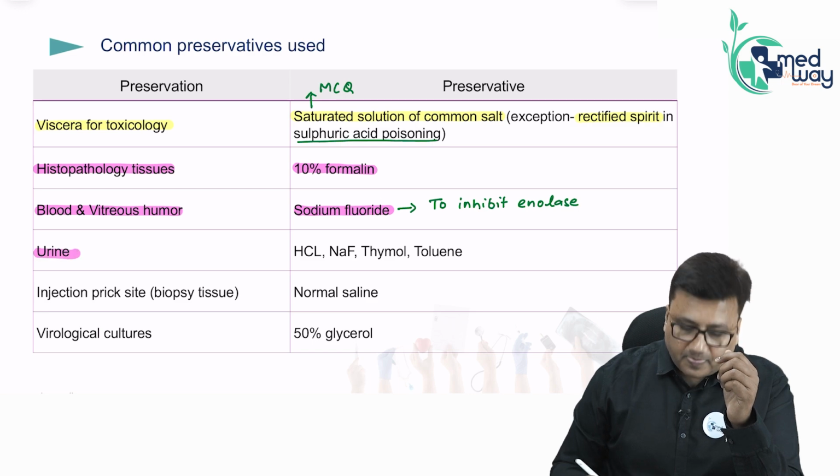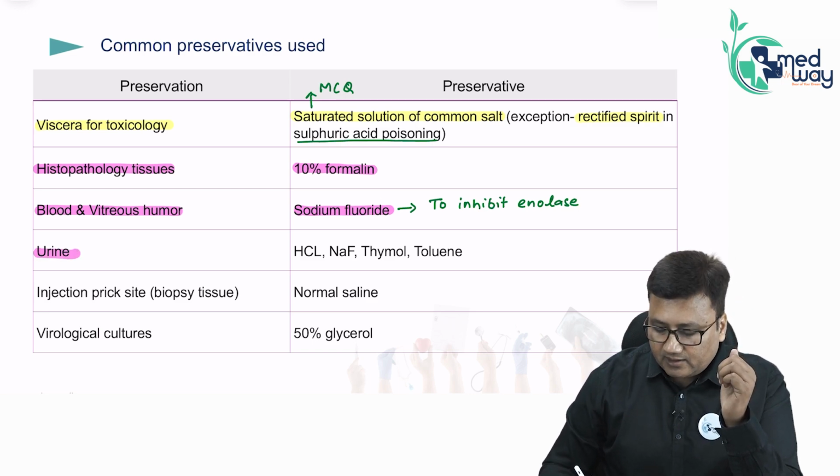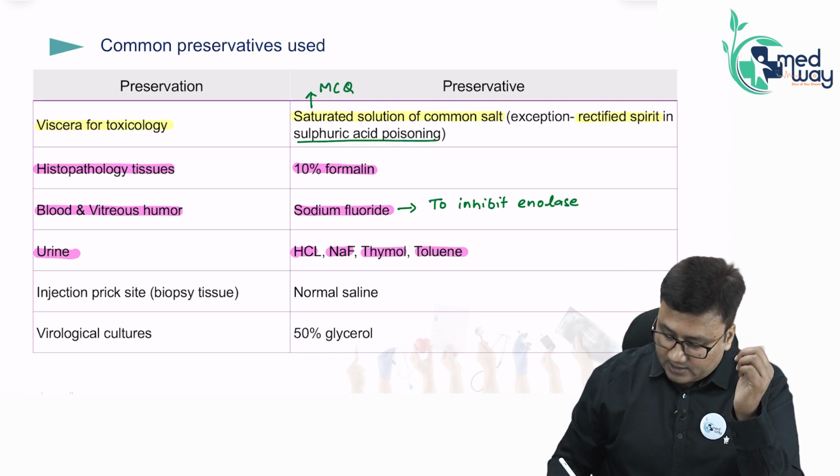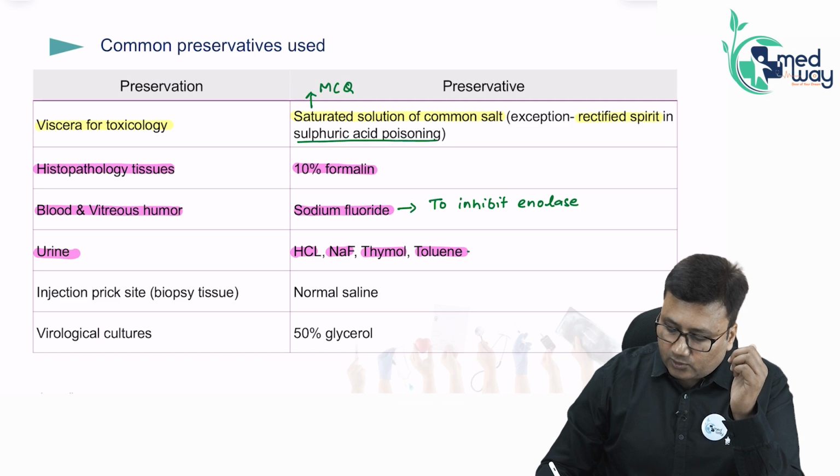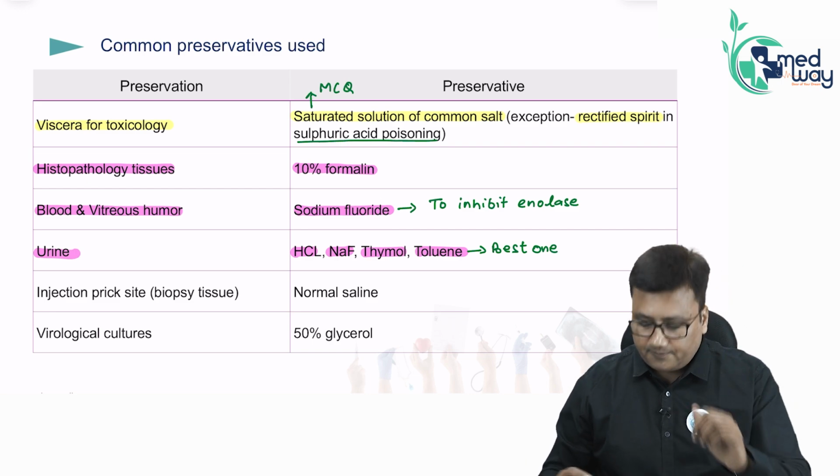Then urine can be preserved by adding HCl, sodium fluoride, thymol or toluene. Okay. Out of the four, toluene is said to be the best one. Okay.